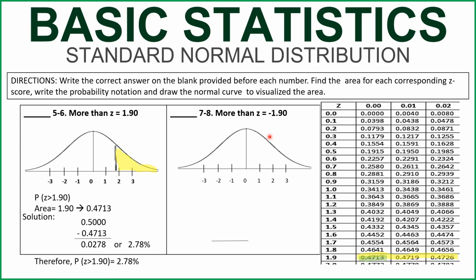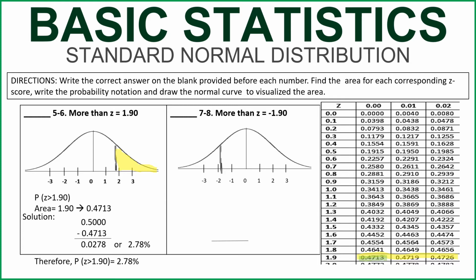So, let's go to example number 8. More than z equals negative 1.9. The first thing is to draw. Maybe you're getting used to it. So, where is negative 1.90? Definitely, it's near negative 2. Okay, let's say it's around here. So, what do you think is the shaded part? It says more than, higher than negative 1.90.